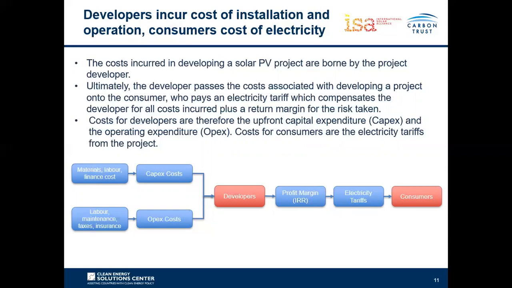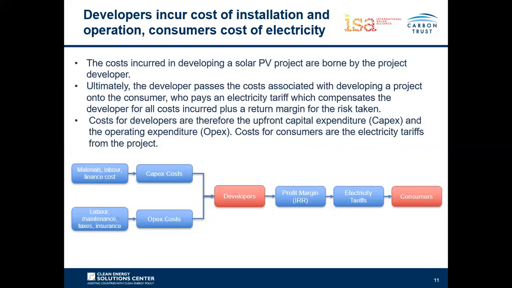Operational costs or OpEx are also labor involved in the operation and the maintenance, the maintenance costs, of course, taxes, insurance, rental, and these types of costs that go on throughout the lifespan of the project. And these are both borne by the developer.